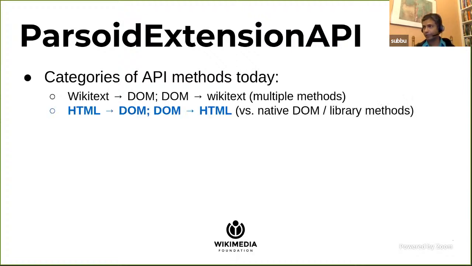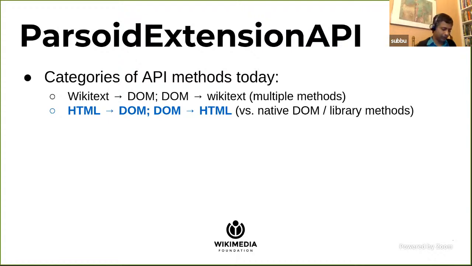Secondly, you might want to convert HTML strings to DOM or DOM to HTML strings. And I'm highlighting this for one reason, because you don't need to necessarily use the methods by the API. You might think you could use the native DOM or library methods, because I mean, HTML is standard, right? You can convert HTML to DOM, DOM to HTML using any library that's compliant.